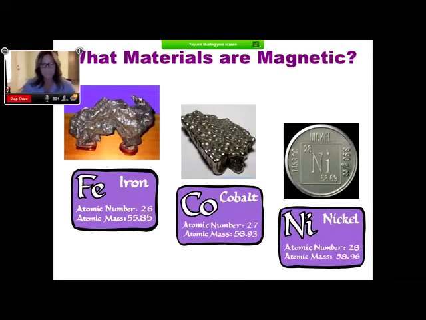So yeah, I think that's pretty typical. People expect all metal materials to be magnetic, but in fact, the only metallic materials that are magnetic either have iron, cobalt, or nickel embedded in them, or a combination of all of them.